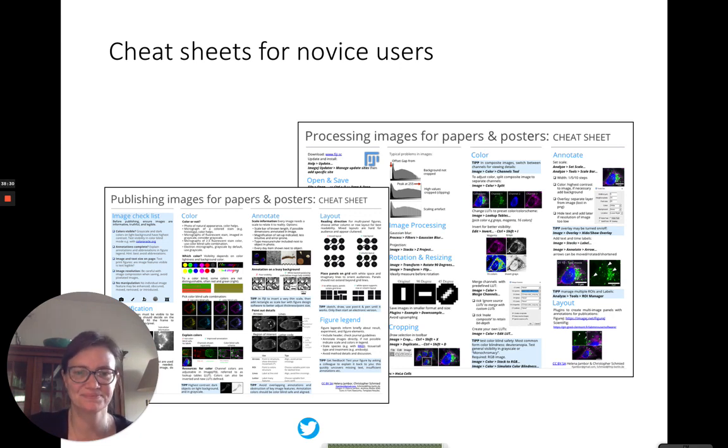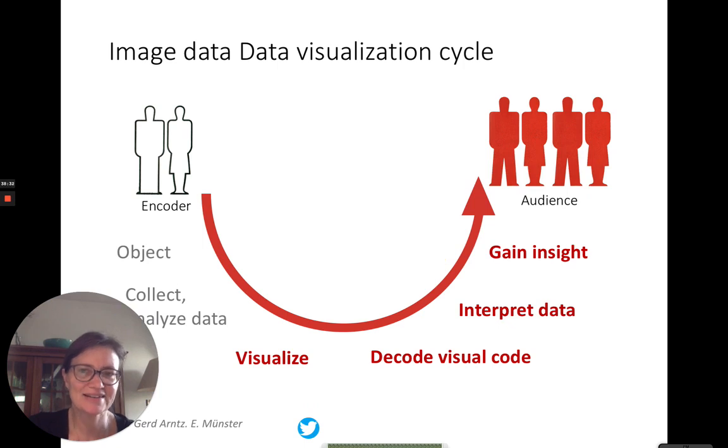So to summarize this up, if we think about image data, we need to really think about the data visualization cycle. On the one hand, we have the encoders, the people at the microscope that obviously need to think of the object and how to collect data and how to operate a microscope. But what we would like to bring home is that this is a cycle.